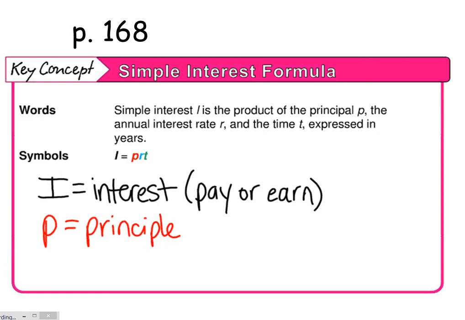And the principal, I spelled it wrong, pardon me. P-A-L, just like our school principal. But this type of principal is the amount that you start with. Or according to your book, it's the amount of money that you deposit, or maybe the amount of money that you borrow. So this is the amount of money borrowed.